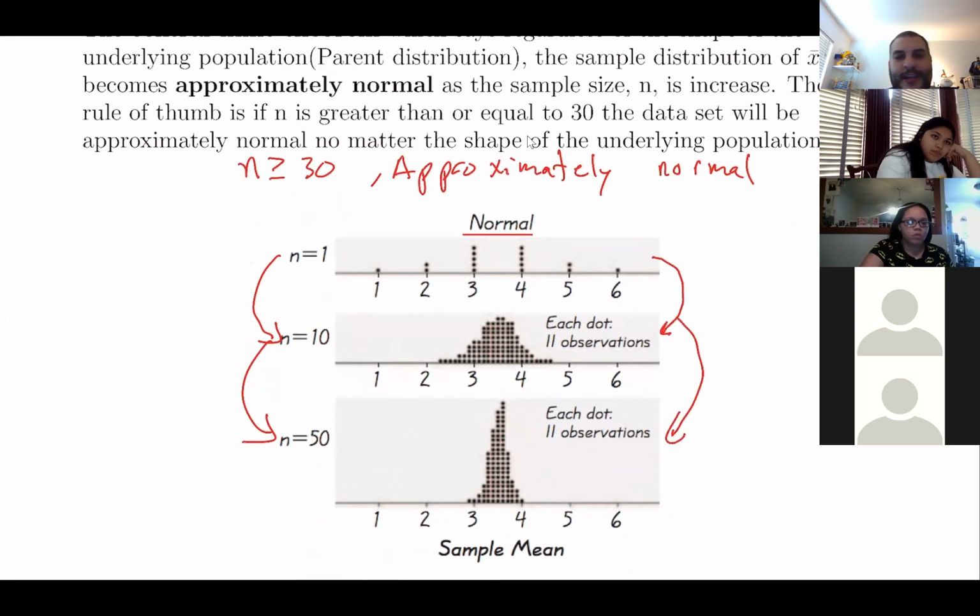If our data set is already normal and we start randomly selecting from it, any histogram that we create using that data set should also be normal. That's what the second and third pictures are showing.